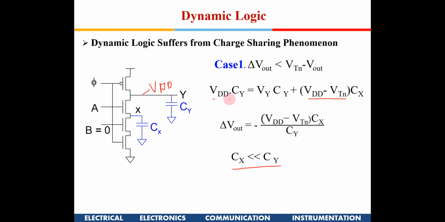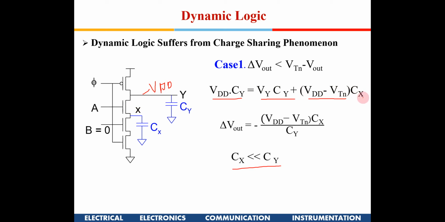Right. So in the initial case, when this was pre-charged, the total charge available across the capacitor Cy will be VDD Cy. Now if you equate the charge after the charge gets shared, the condition would be Vy Cy, where Vy is the new voltage available across the output node, plus VDD minus VTN into Cx, because we are assuming that this got charged up to the max permissible level, which is VDD minus VTN.